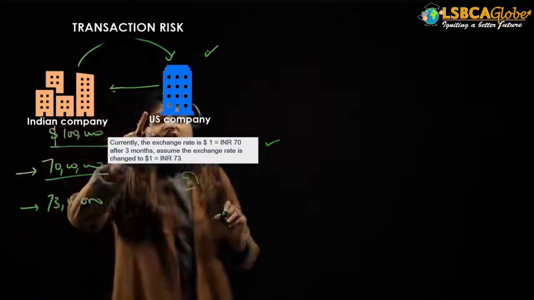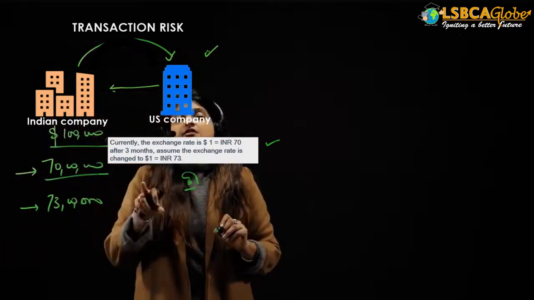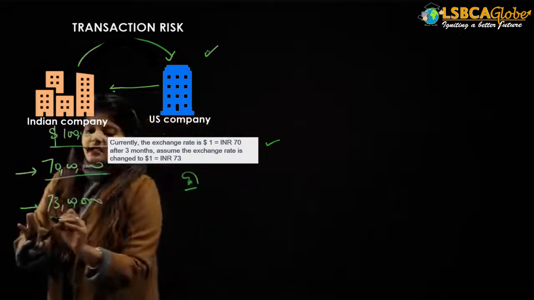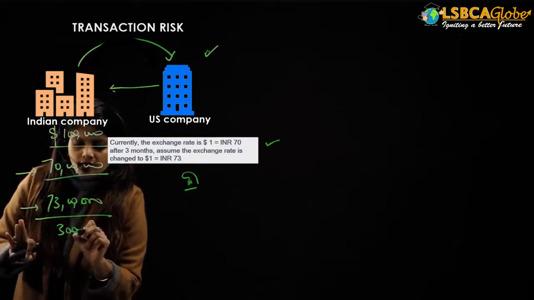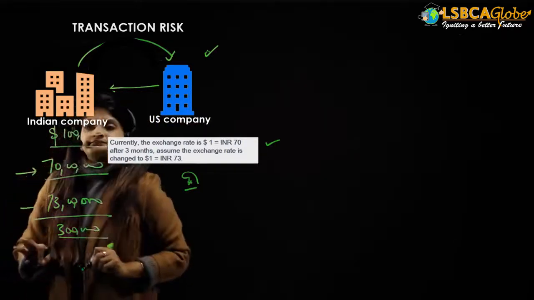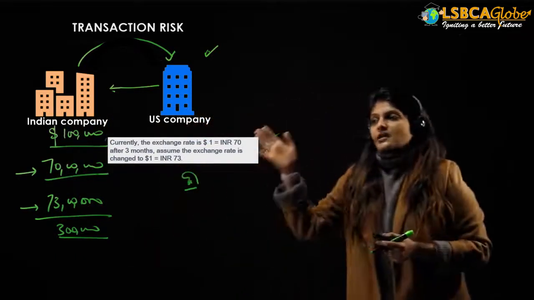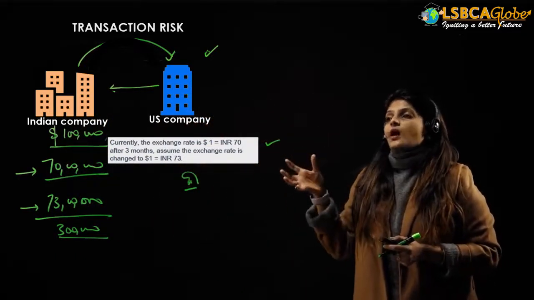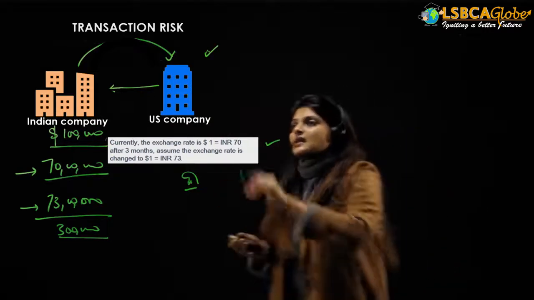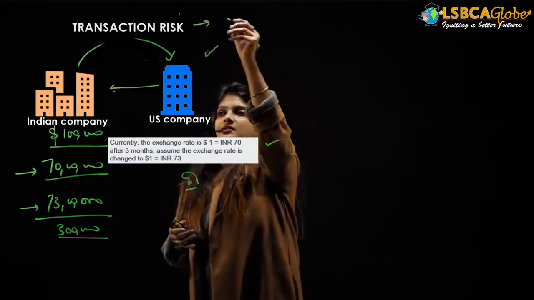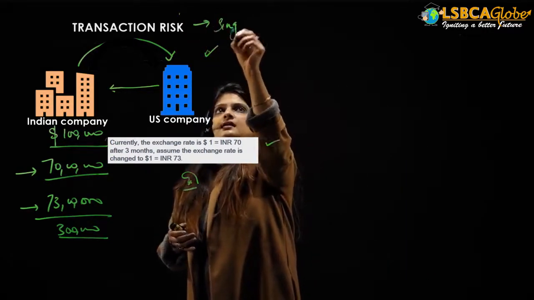So due to the change in exchange rates from 70 to 73, we need to make an extra payment of 300,000. That is your transaction risk. As the name suggests, transaction risk relates to a single transaction.